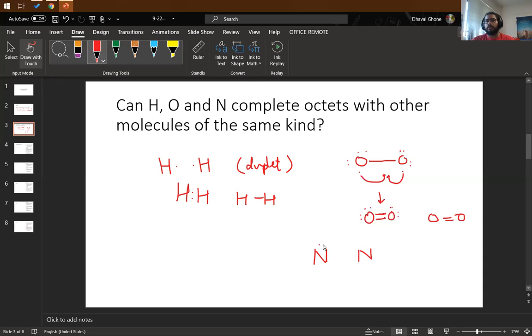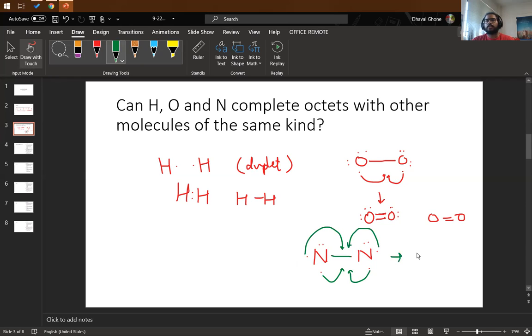The structure of nitrogen is like this. And so these can connect together, make a bond. It still doesn't complete the octet. Now I have 1, 2, 3, 4, 5, 6 valence electrons in this nitrogen, and in this one too. To complete the octet, these two can come together, and these two can come together as well.